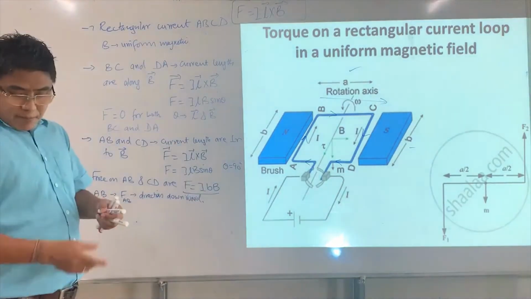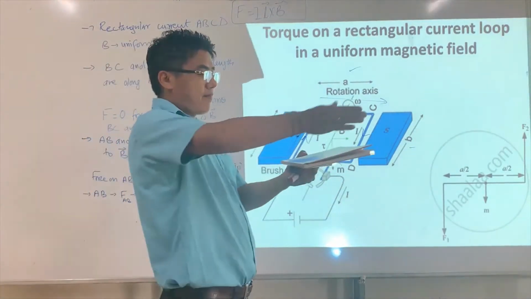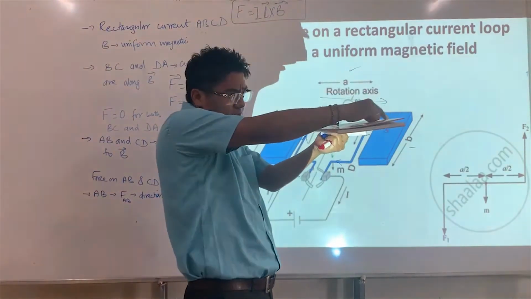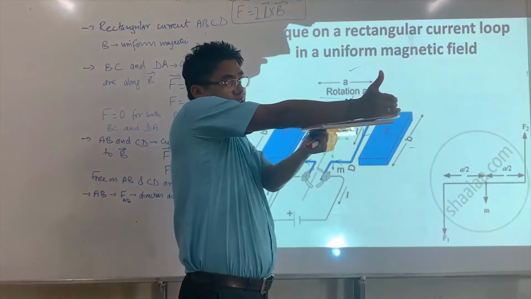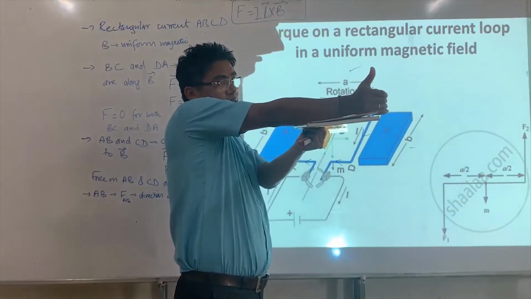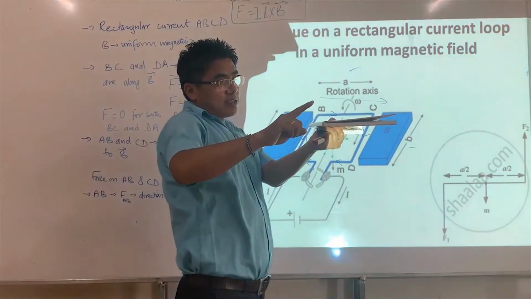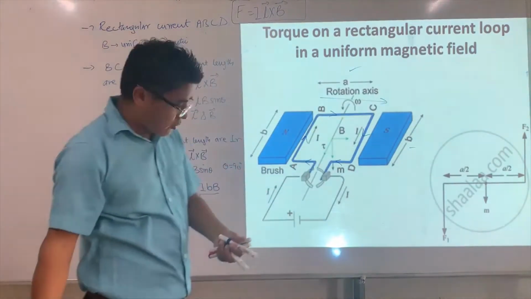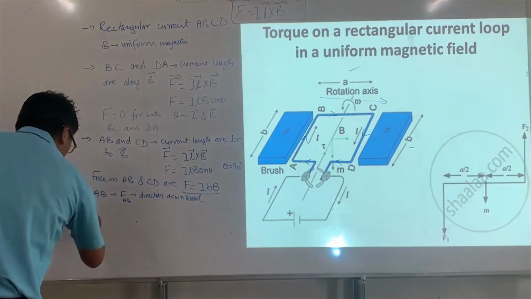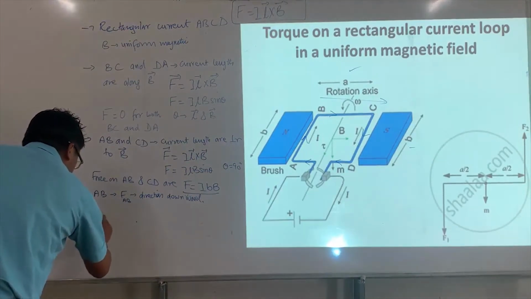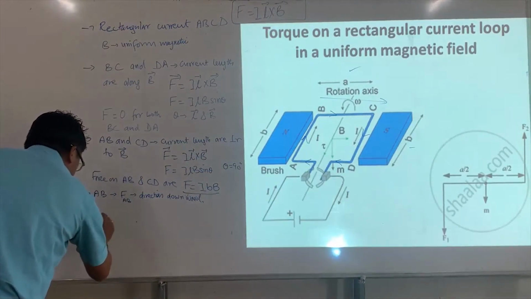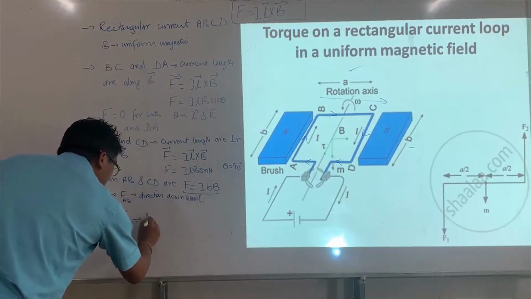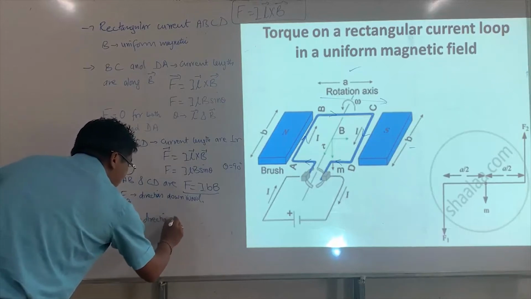What about the direction in this case? The current goes in this direction, so the length element points upward. The current direction is A, B, C, D, so for CD the direction is upward.